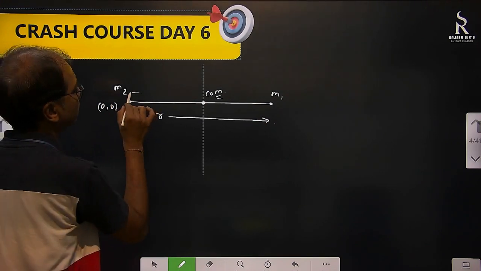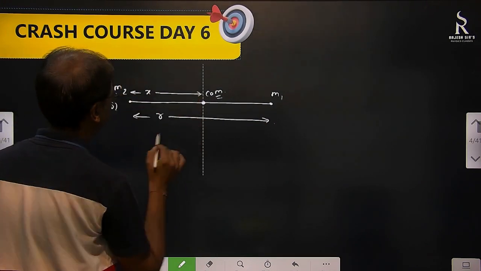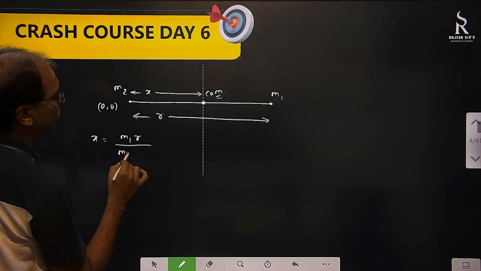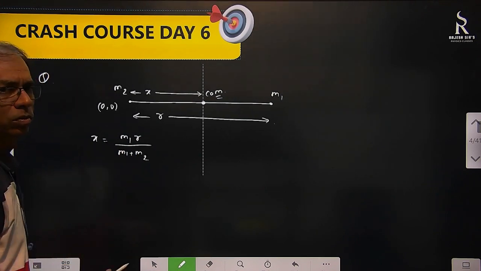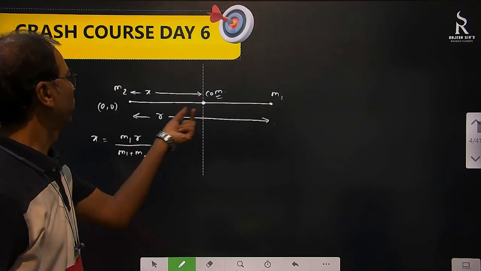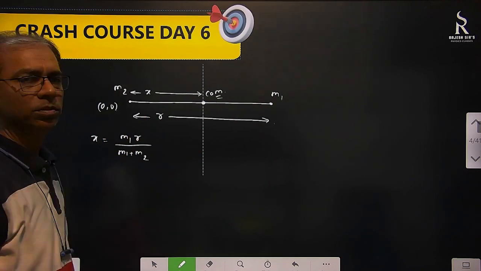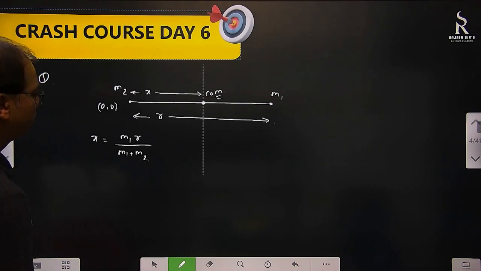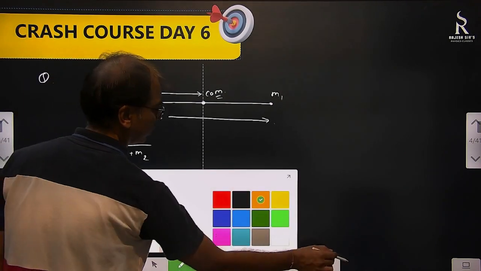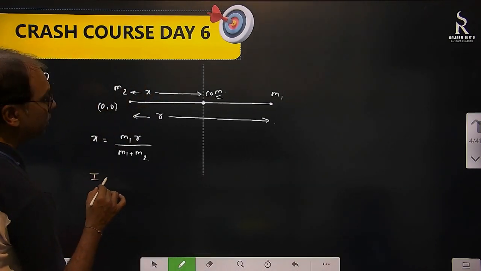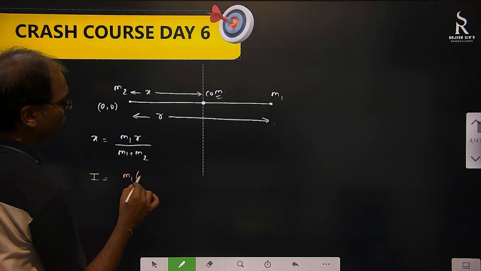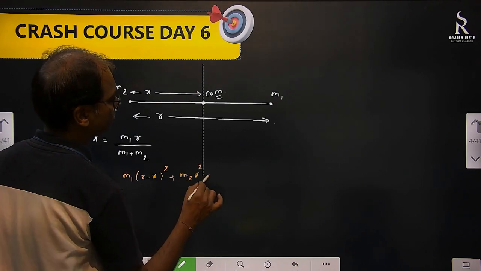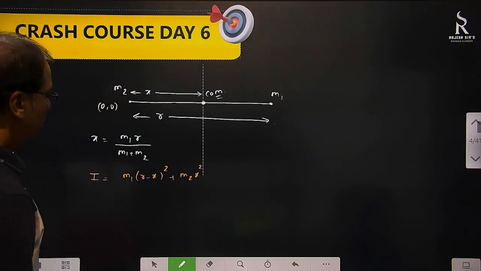Let's assume the center of mass is at distance x. So what is the x value? You can write m2 into 0 plus m1 into r, divided by m1 plus m2. That's what we have learned earlier. So x is m1r by m1 plus m2. Then the moment of inertia is m1 into r minus x whole square plus m2 into x square.